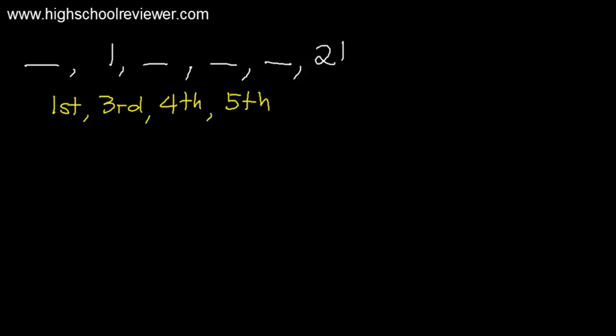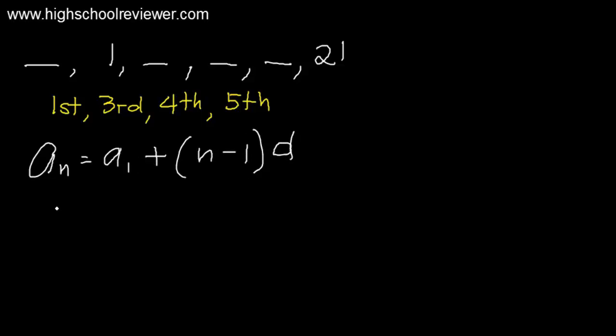The formula for finding a missing term in arithmetic sequences is a sub n equals a sub 1 plus n minus 1 multiplied by d. So d here is the common difference.